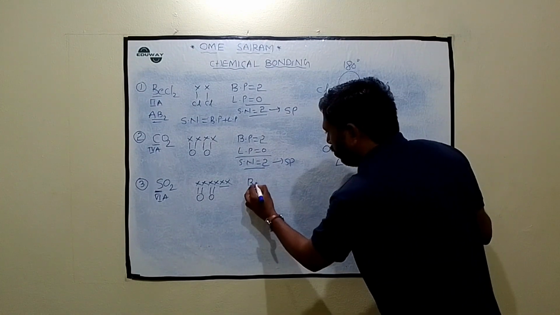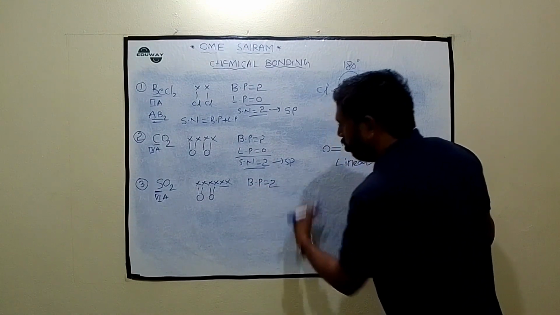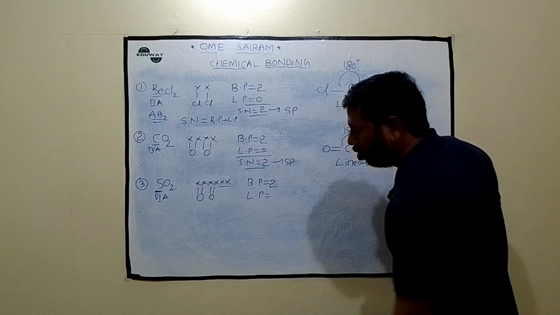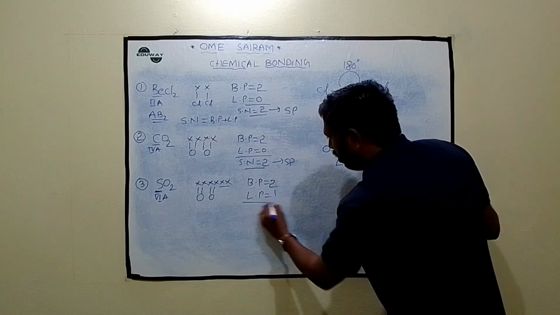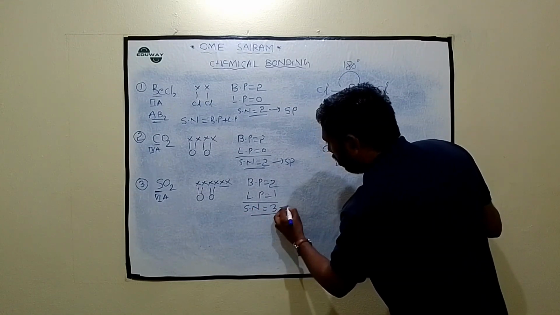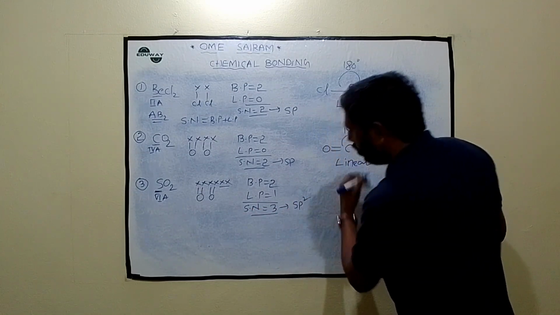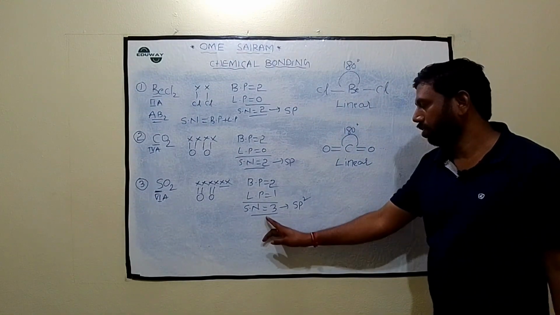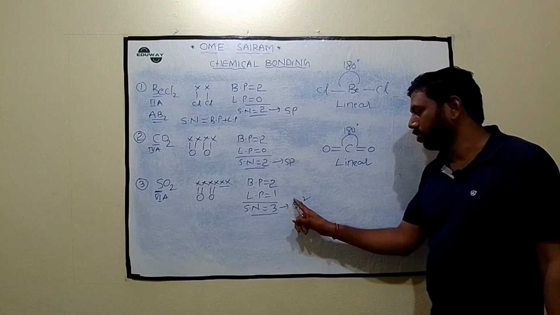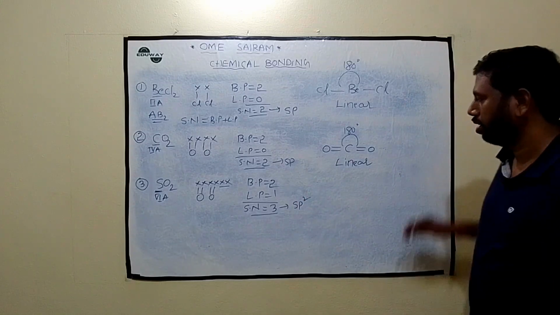Now, how many bond pairs? 2 bond pairs. How many lone pairs? 1 lone pair. The steric number is 2 plus 1, that is 3, and the hybridization is sp2. If any molecule has steric number 3, the hybridization should be sp2. S power 1, p power 2, 1 plus 2 is equal to 3.